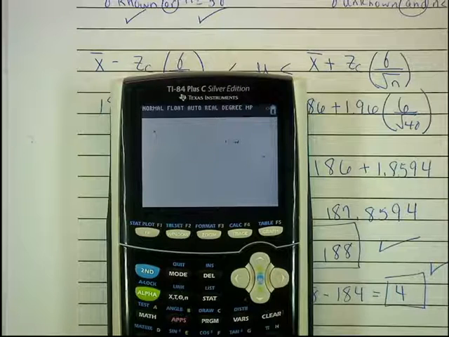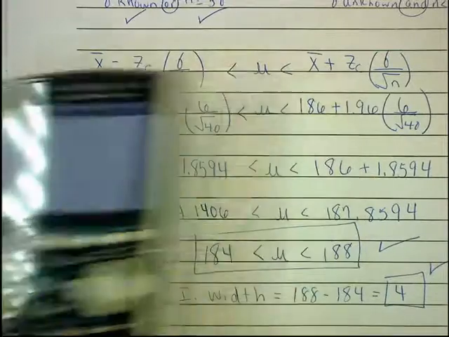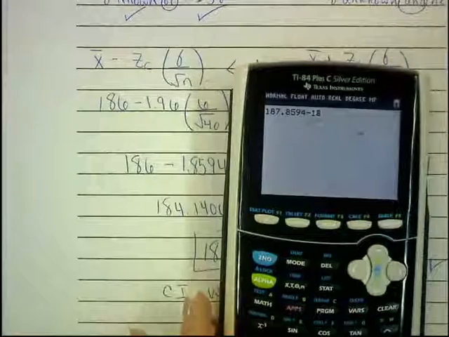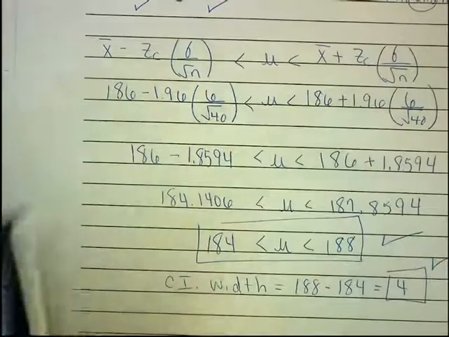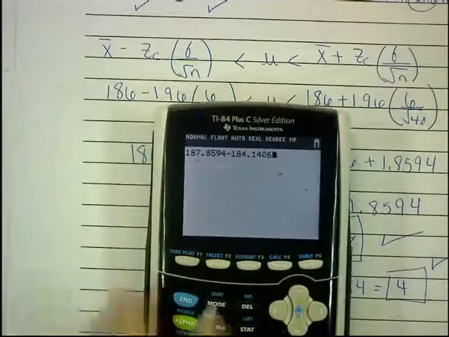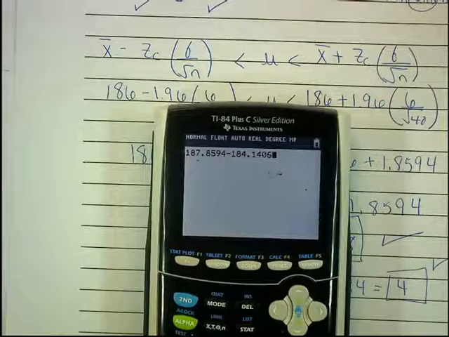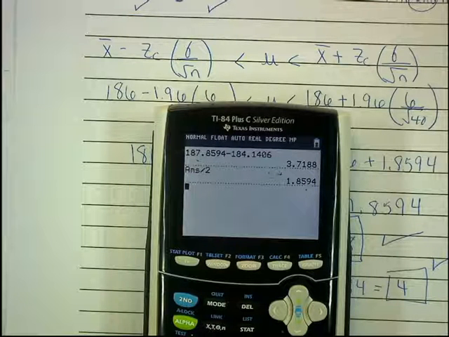Again, the trick for finding E: if you take the 187.8594 and subtract the 184.1406, that is your confidence interval width before you round, and then divide by 2. 1.8594 here is your E, your margin of error.